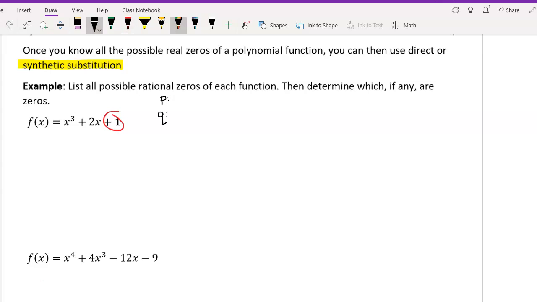So I'm going to come over here and put 1. P is 1. Now, Q is the leading coefficient. So I go to my highest exponent and I see what is the number in front. Well, I don't see a number, which means that it is also a 1. So now I have to list all the factors of P, which in this case are plus or minus 1, and all the factors of Q, which are plus or minus 1.